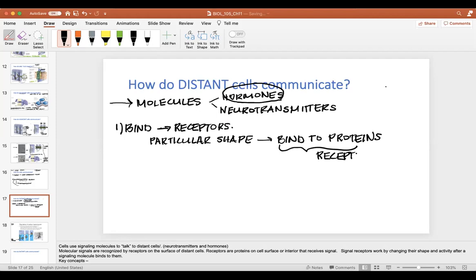And as I mentioned, these receptors can either be inside the cell or on the cell's surface, like on the cell membrane. Okay? When the hormone binds to a receptor, what typically happens is that it causes a conformational change in the receptor.